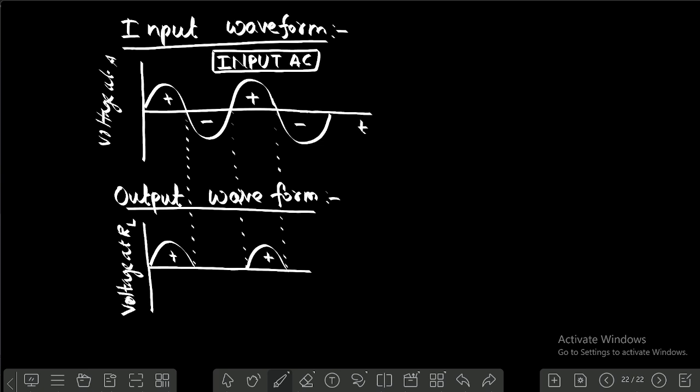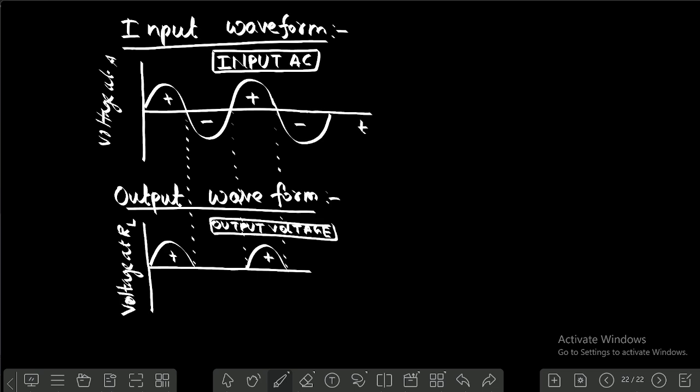So this type of diagram you have to draw. This is your output voltage, and for the input, you write input AC. Write as it is written in NCERT, no worries.